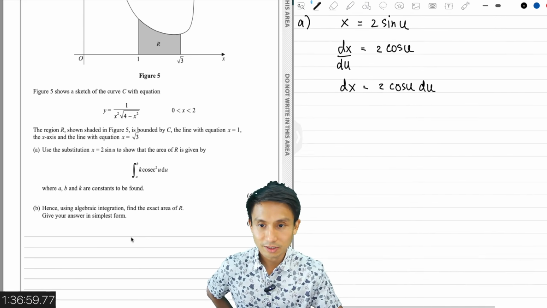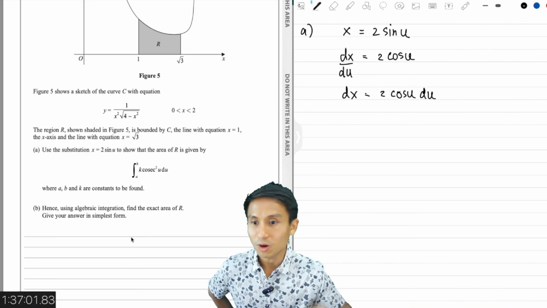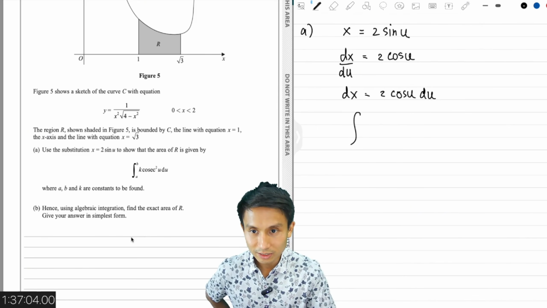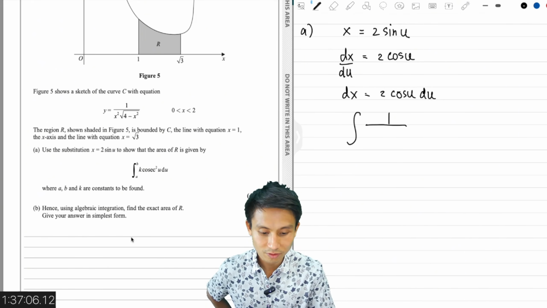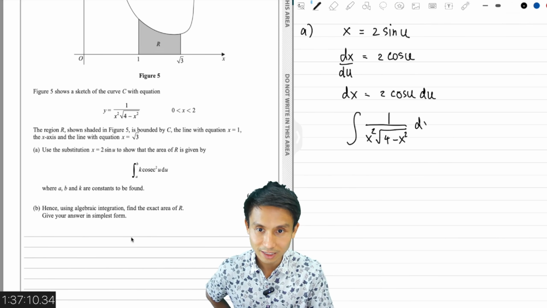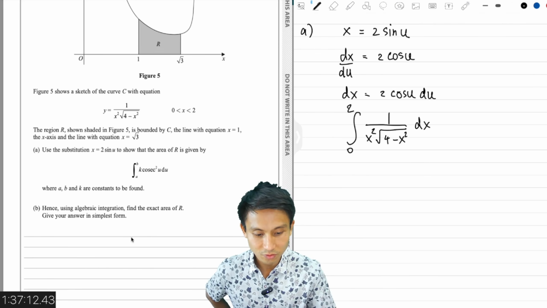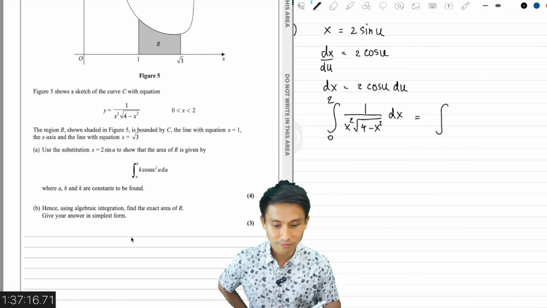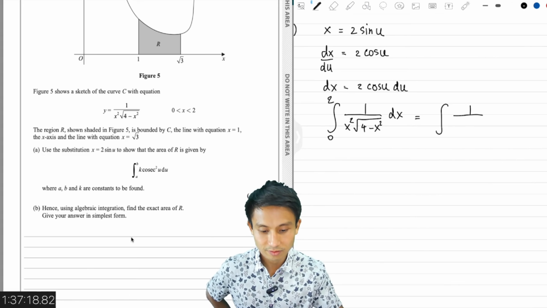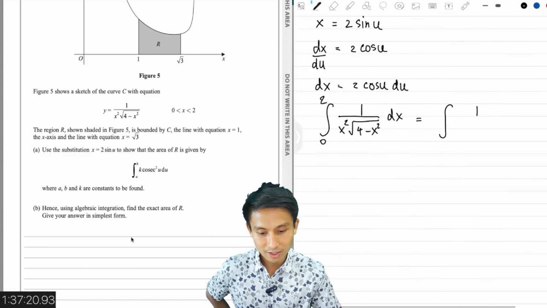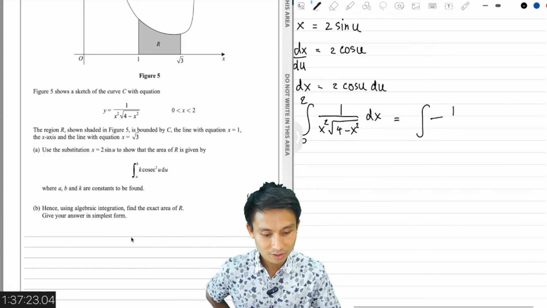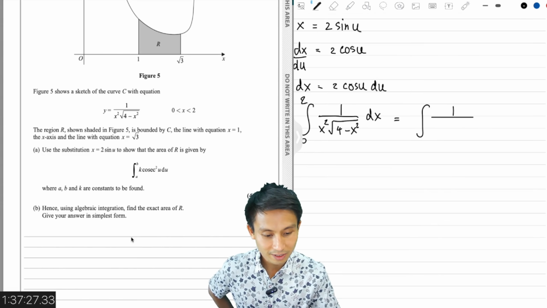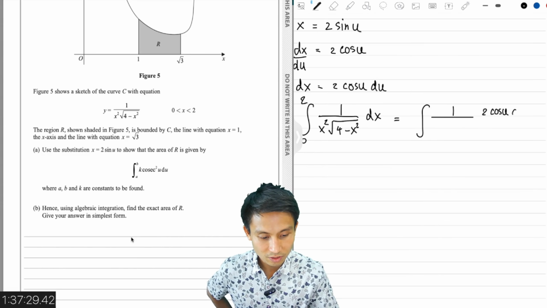So that means we're going to integrate the y. So integral 1 over x squared root 4 minus x squared dx would be equal to integral, and we need to substitute the bounds as well, 1 over, well, let me just substitute the dx by 2 cos u du here first.